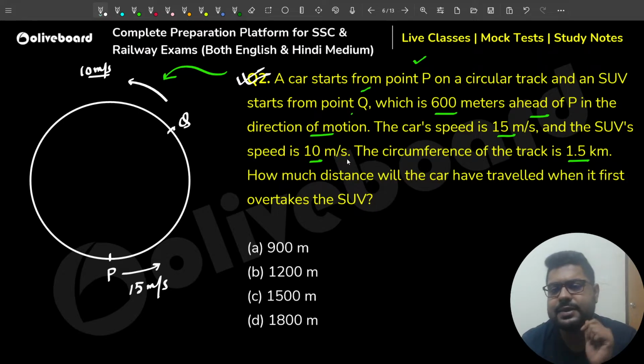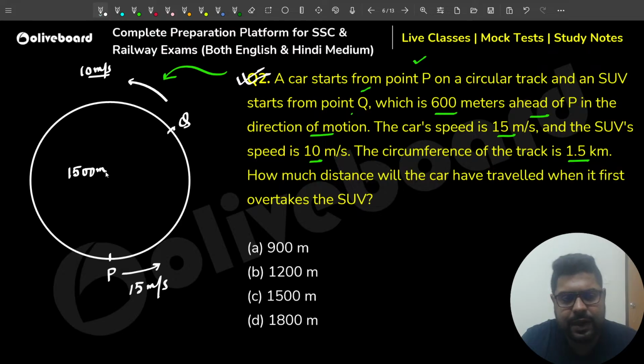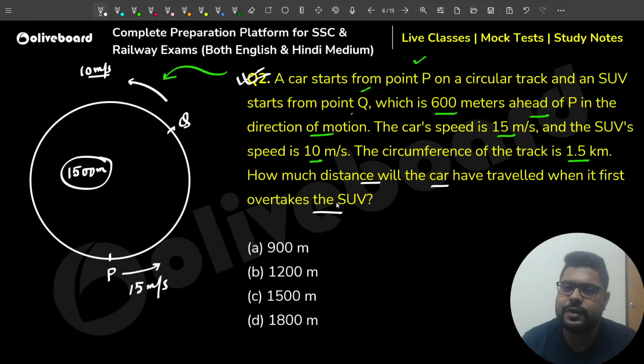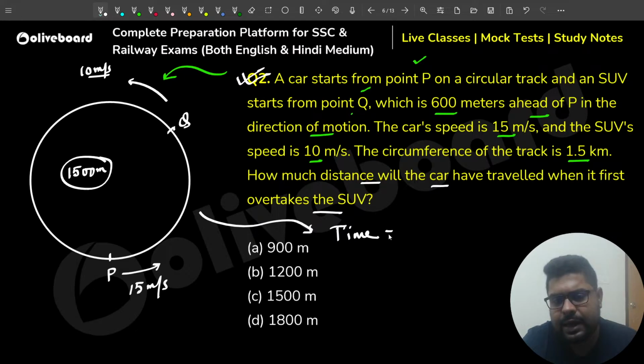Now, the total track length is 1500 meters, 1.5 kilometers. How far would the car have traveled before it overtakes the SUV? Sir, first, let's figure out the time. After how many seconds will the car overtake? Sir, you will say the distance between them is 600 meters. And you see, this is 600 meters, this distance, sir.